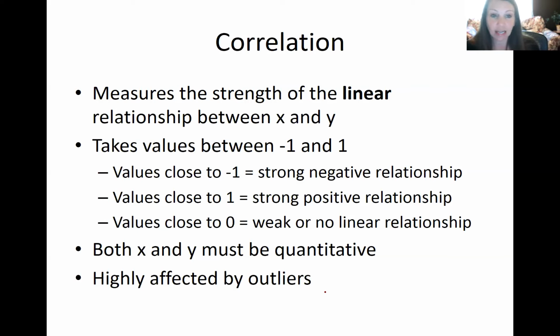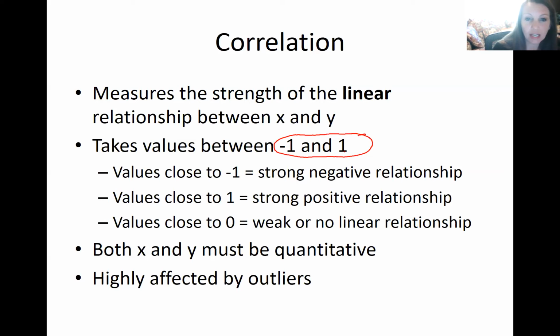The other thing is that it's between two quantitative variables. In statistics, we don't talk about the correlation between something like gender and income, because gender is not quantitative. If you look at the formula for calculating R, the correlation, there's nowhere to put a categorical variable. So correlation measures the strength of the linear relationship between two quantitative variables, X and Y. Correlation, or R, can take values between -1 and +1.